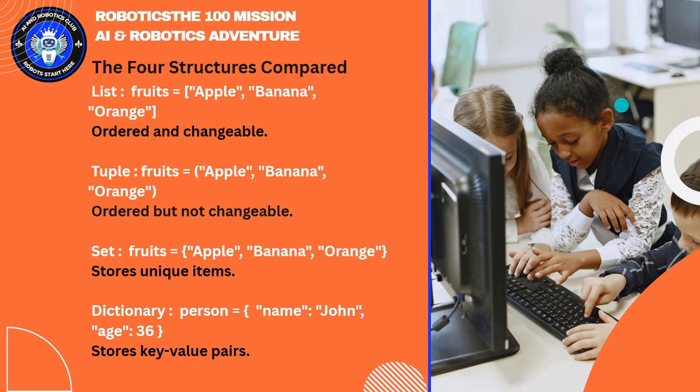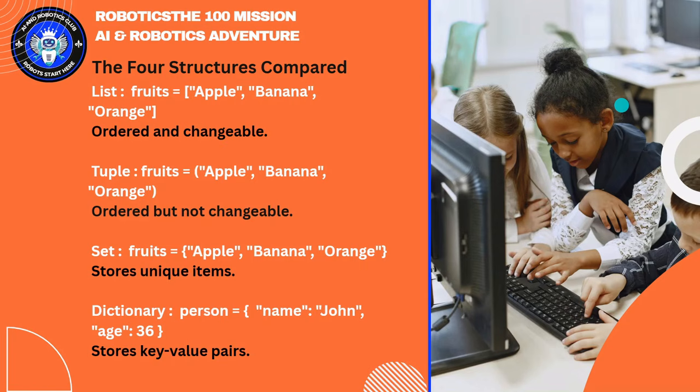When we compare these four structures, you need to remember: list, fruits in the bigger brackets, square brackets, apple, banana, orange, ordered and changeable.